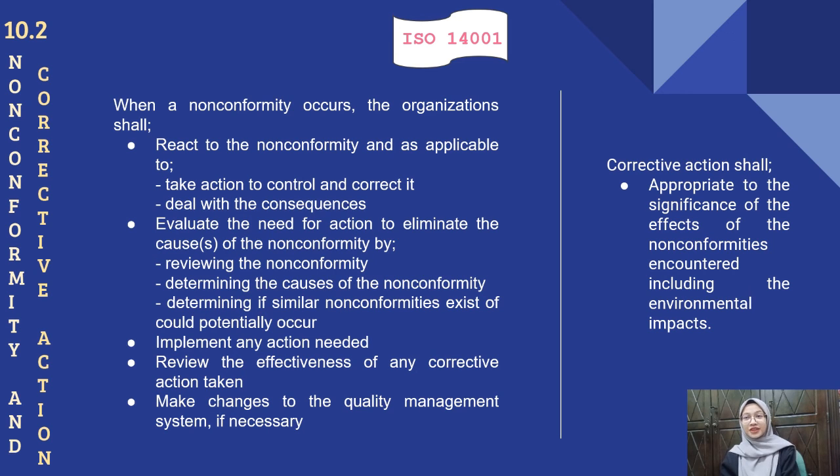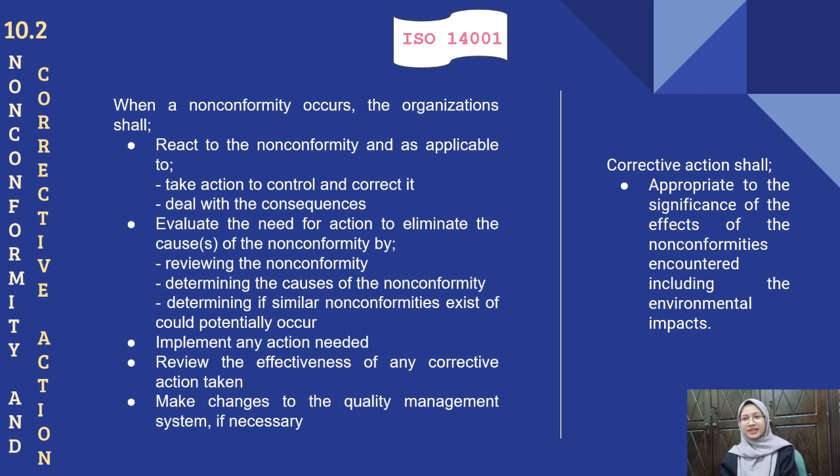When a non-conformity occurs in ISO 14001, the organization shall react to the non-conformity and, as applicable, take action to control it and correct it, and also deal with the consequences. Next, evaluate the need for action to eliminate the cause or causes of the non-conformity by reviewing the non-conformity, determining the causes, and determining if similar non-conformities exist.